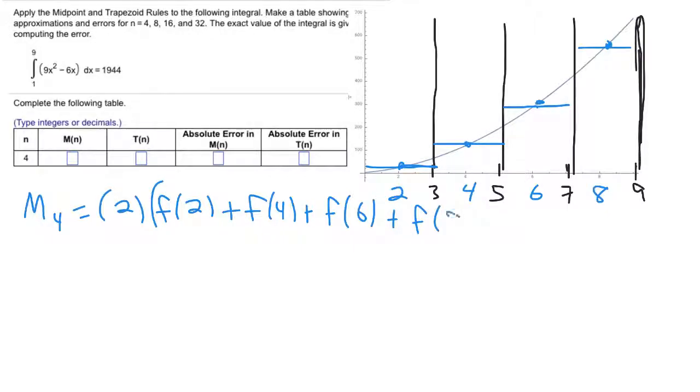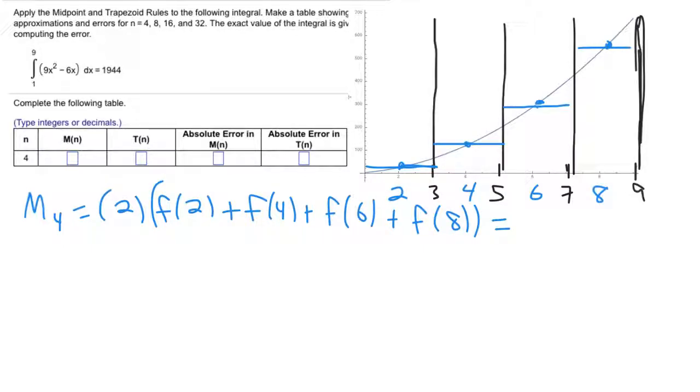And the fourth height is f of 8. Notice that by multiplying 2 times that quantity, that is effectively multiplying 2 times this height, 2 times this height, 2 times this height, and so on. So I'm doing a little simplification of the formula so that I don't have to write base times each height. I can just write base times the sum of the heights, and it's the same thing by the distributive property.